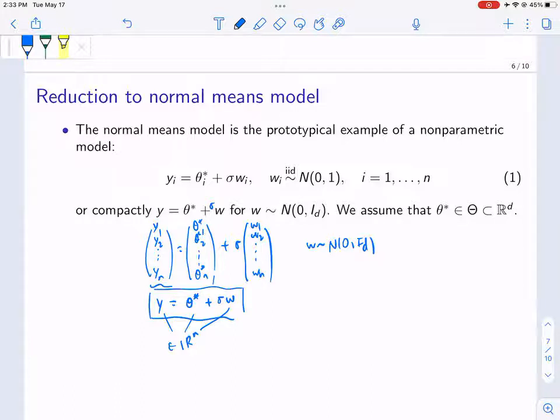Okay, so does this model remind people of anything that you've seen maybe in 200B? Have you seen this model before? Does this remind you of anything?